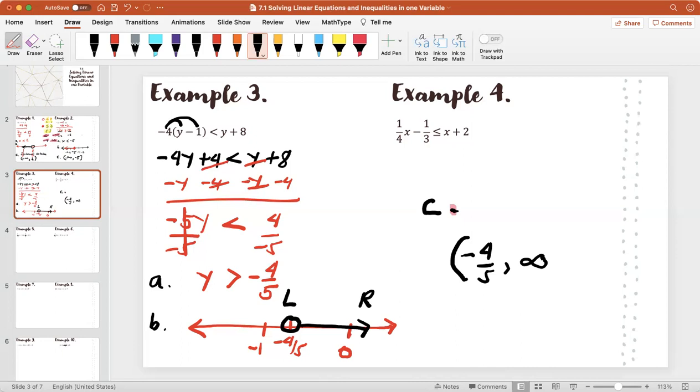Like I said a while ago, infinities always use parentheses. We don't use a bracket to enclose infinities. So we have negative 4/5 to positive infinity, open at negative 4/5.